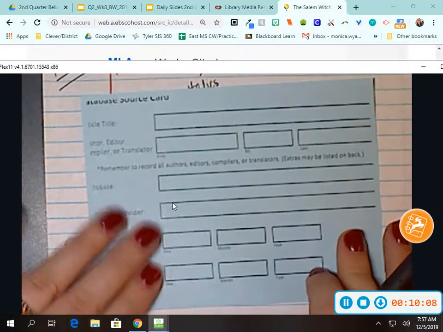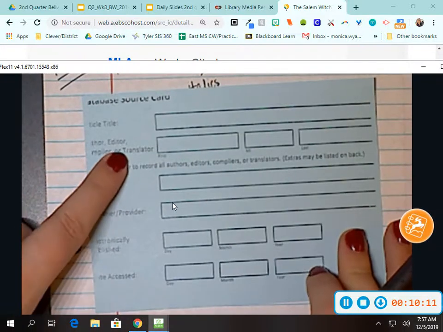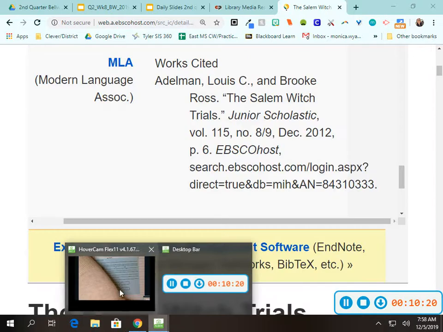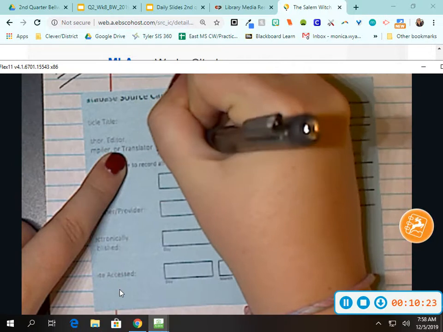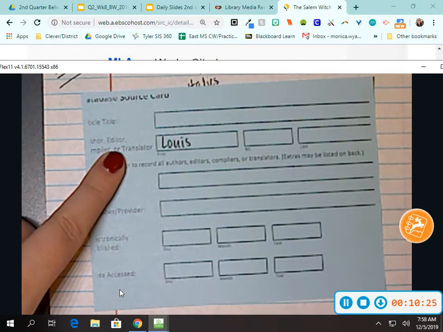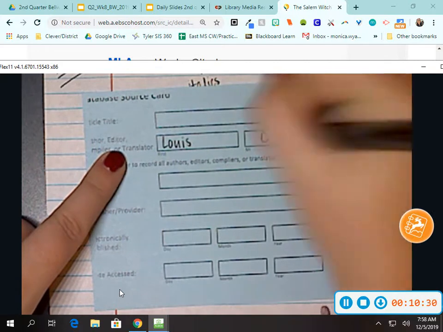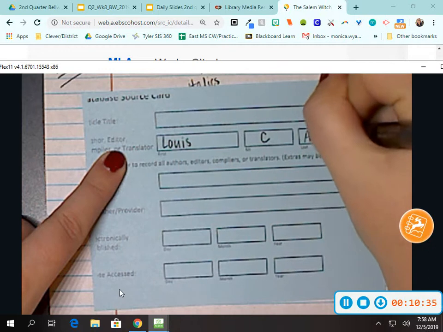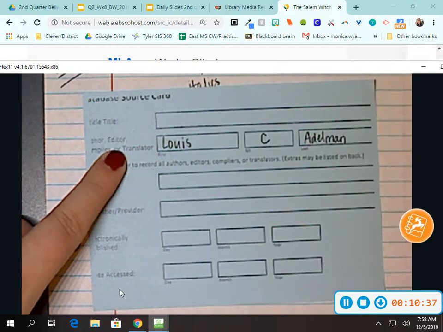I'm going to go down here to my author, editor, compiler, translator, and my first one was Lewis, L-O-U-I-S. Middle initial was C. Last name was Edelman. Or Adelman.